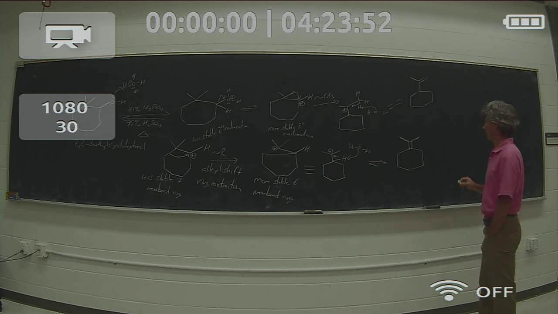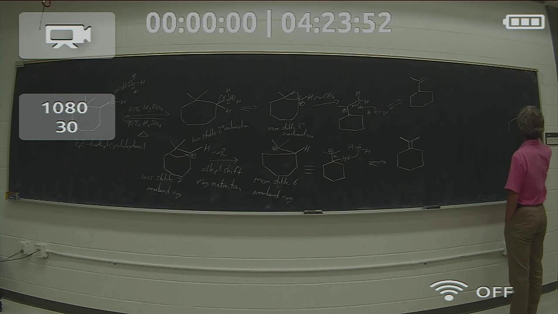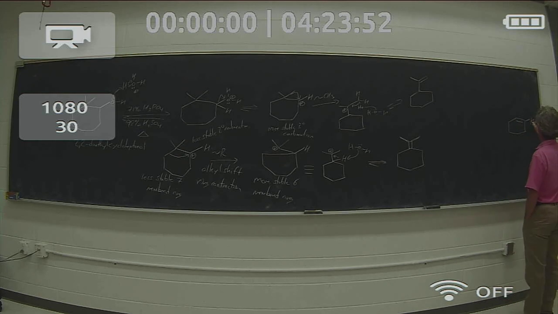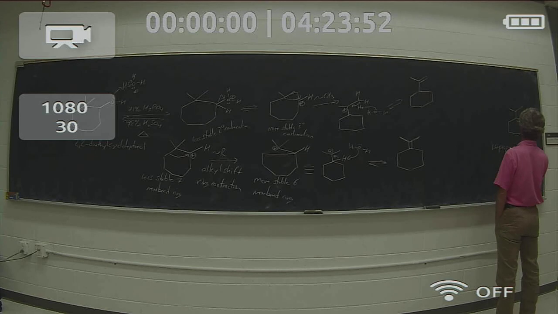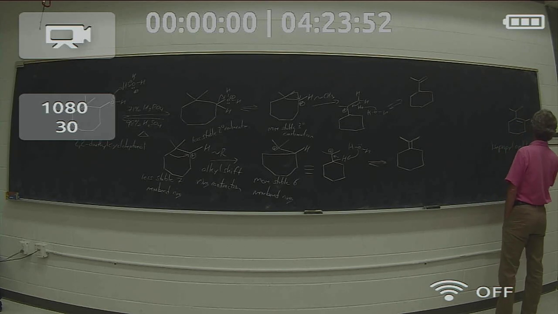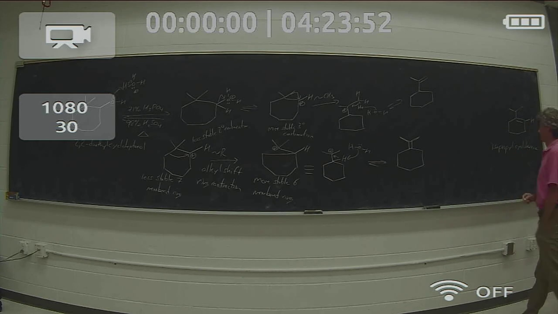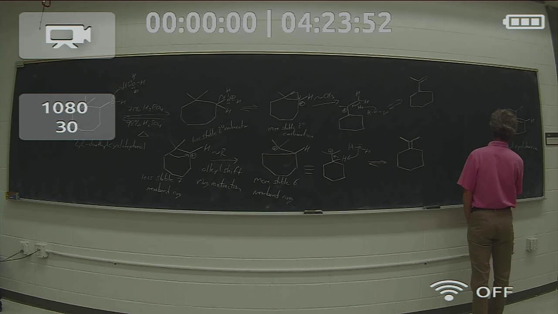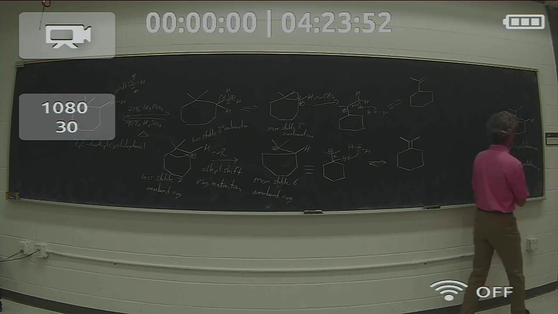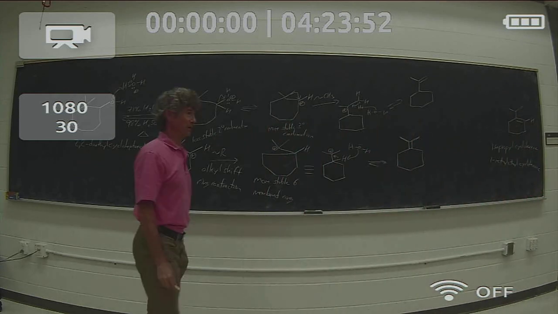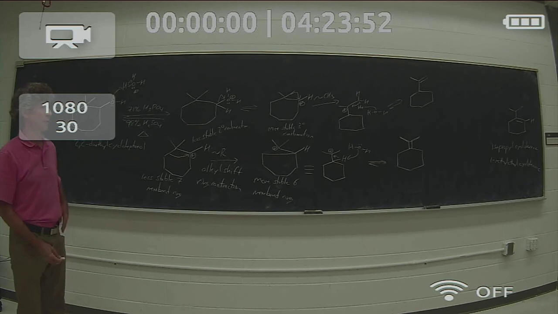And we can also get another product, isopropylcyclohexene, or 1-methylethyl, depending on whether you want to use the common name isopropyl or the IUPAC name 1-methylethyl.